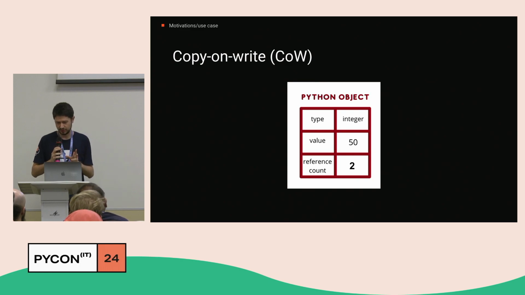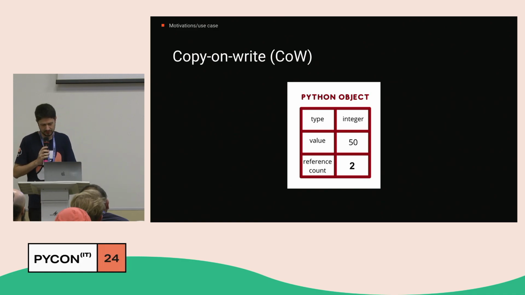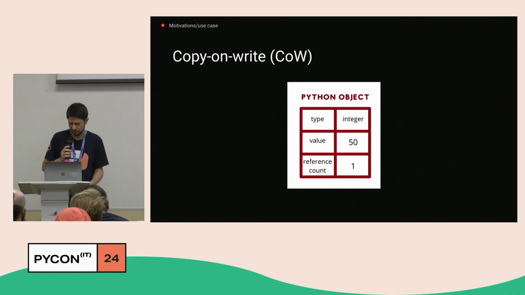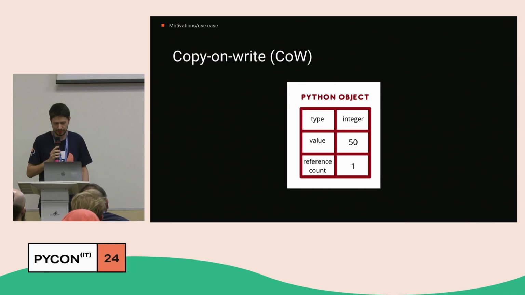And here's a more practical example, just in case somebody didn't get it. Let's say we have this object. We created 2 child processes. So each one is actually keeping a reference to the object. And now, let's say one of the child processes is done with this object. So it's going to change the reference count from 2 to 1. And this is supposed to be a constant. And I'm going to ask you, did this value of 50 change?